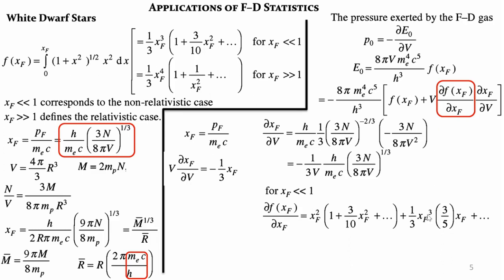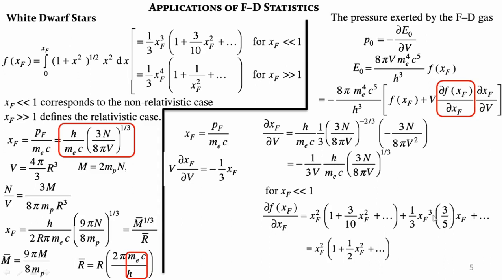We don't want higher order terms. So what we will finally find from here is, you can take xf square common, and then what is left here is 1 plus, now you can see xf raised to the power 4, right?